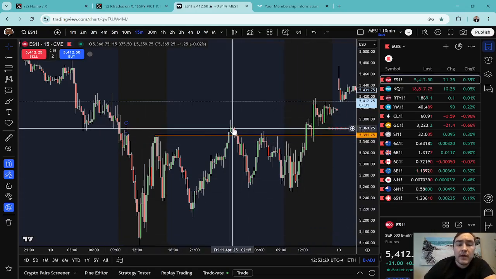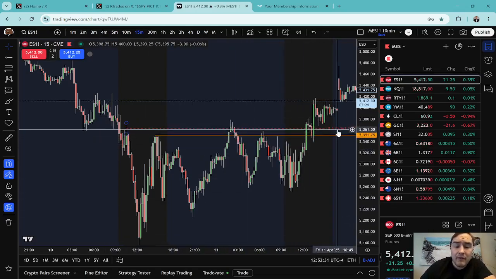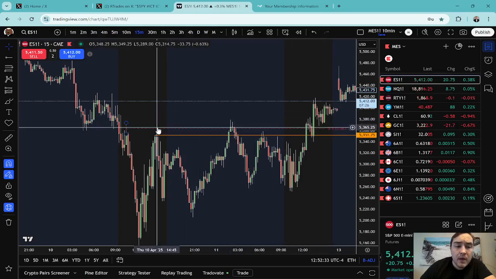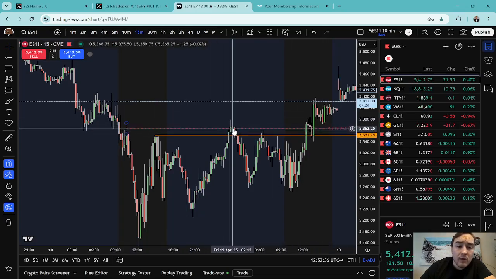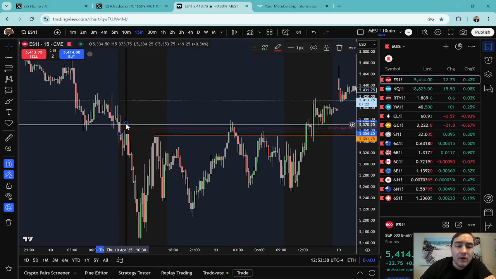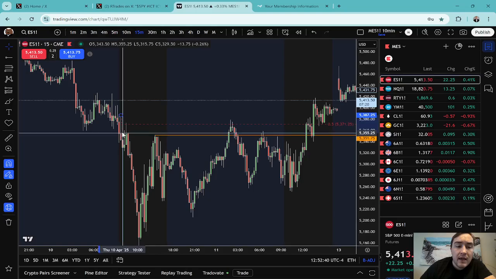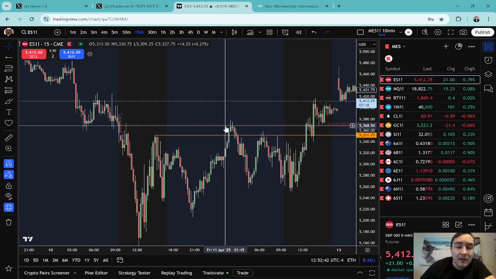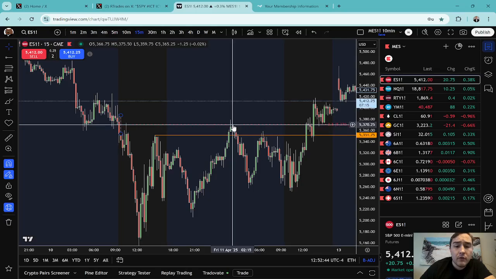Okay. So notice that we had a long wick at 53.63 3/4. That would have gotten you closer to where the market actually made a high. We also had another long wick, let's see where that was, at 53.70 3/4. That would have gotten you even closer to where the actual high was.